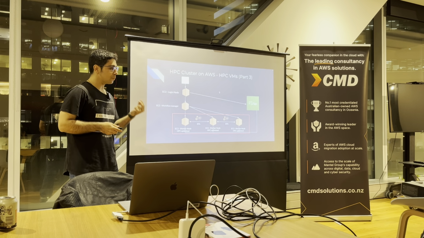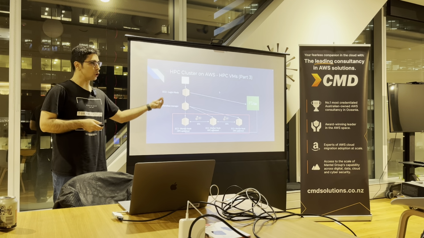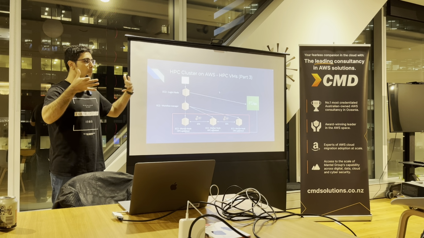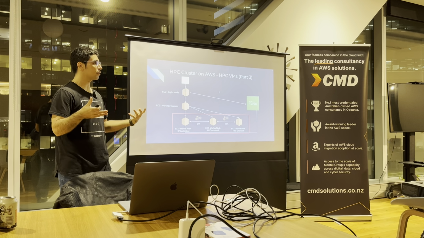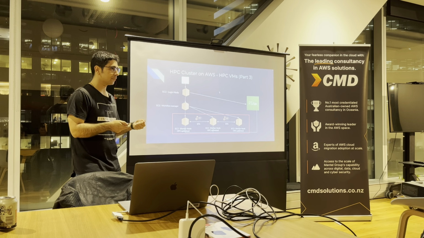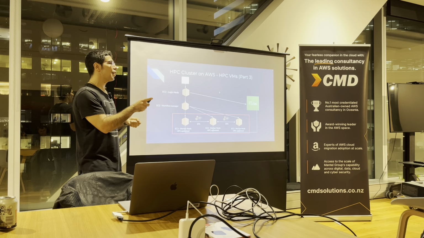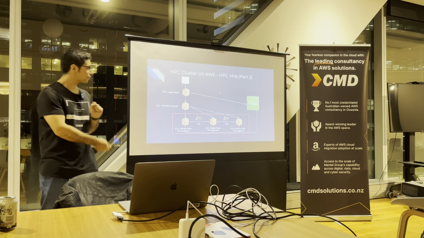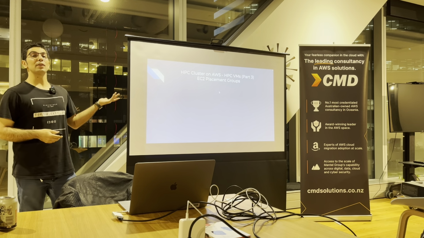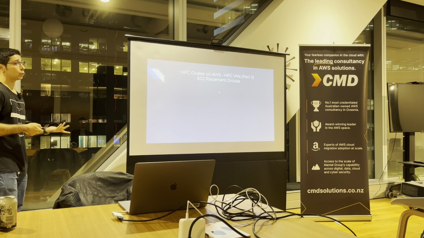So essentially what I'm trying to say is that the way to make your supercomputer more powerful and faster is actually to pack all of those instances tightly together. Which is kind of like, oh, okay, this is obvious. But believe it or not, it's not that obvious, and I'll tell you in a minute. But look at that. How do we do that on AWS? We have one feature called EC2 placement groups.